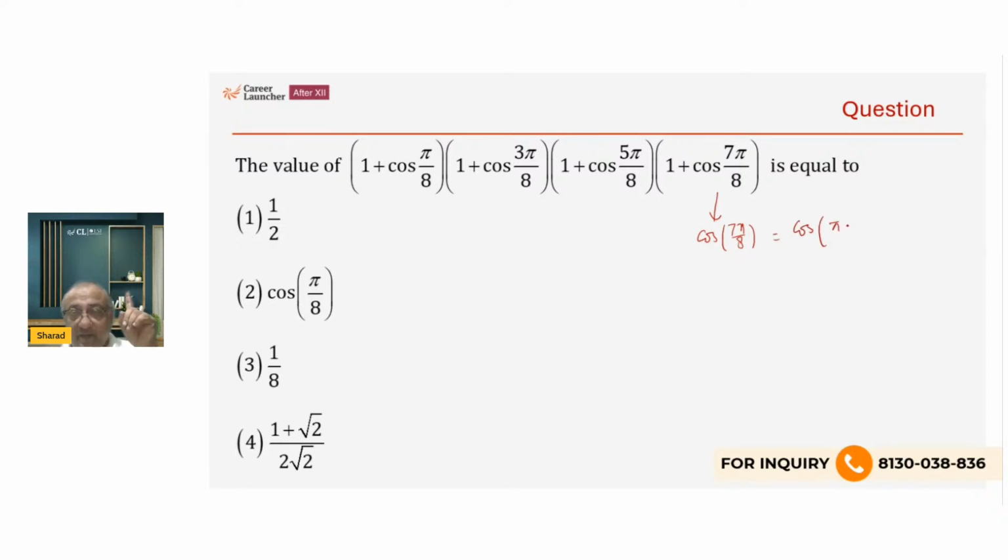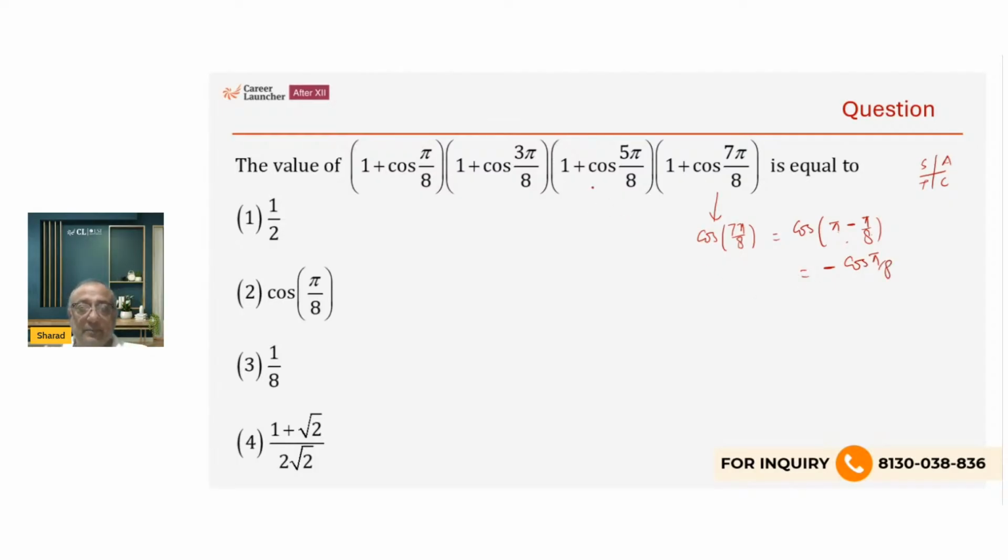We have just now done this. Write this as pi minus pi by 8. How much is this equal to? Second quadrant, ASTC, that's how we remember it. In the second quadrant cos is negative, so I'll put minus. Pi minus means the angle is in the second quadrant. Minus cos pi by 8. Wonderful. Pi will not change cos to sine.